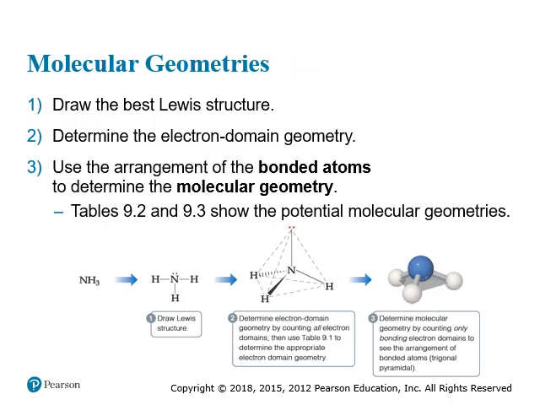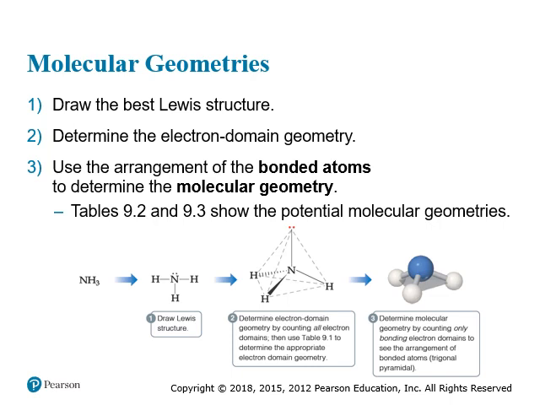Now that we've established electron group geometry, we're going to use this as well as the Lewis structure in order to determine the molecular geometry. The difference between electron group geometry and molecular geometry is simply that electron group geometry deals with the electron groups around a central atom, while the molecular geometry deals with the atoms that are around a central atom.